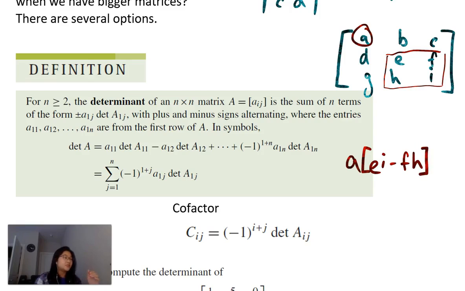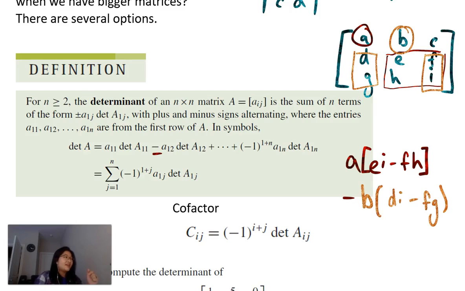And then we subtract our A sub 1,2, which is this B. So this is B times our submatrix A sub 1,2's determinant, so that's D, F, G, I. The determinant there is DI minus FG.